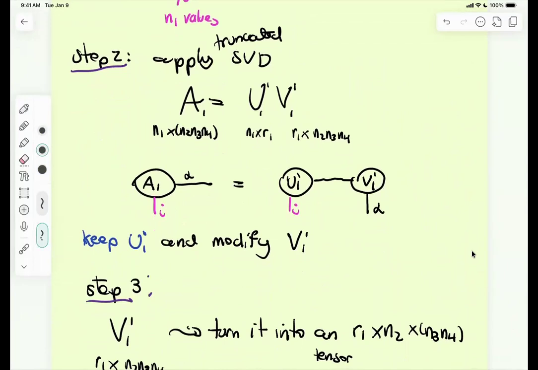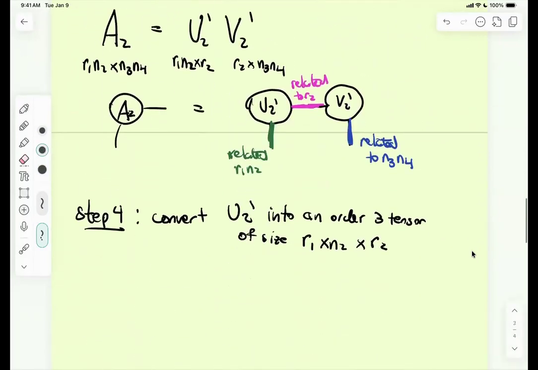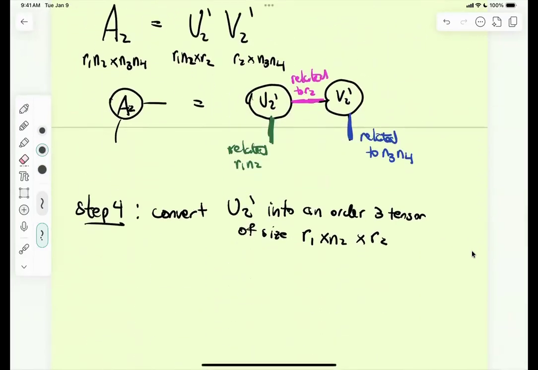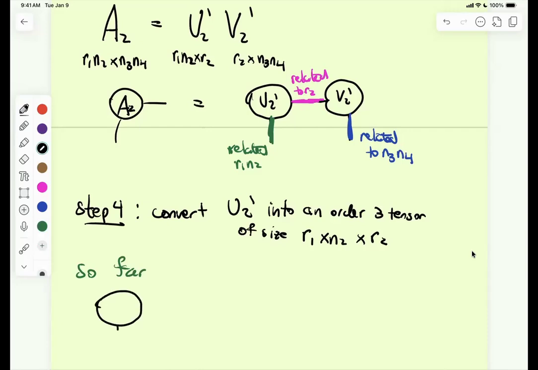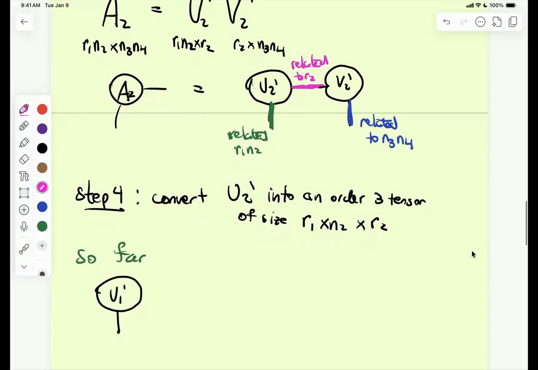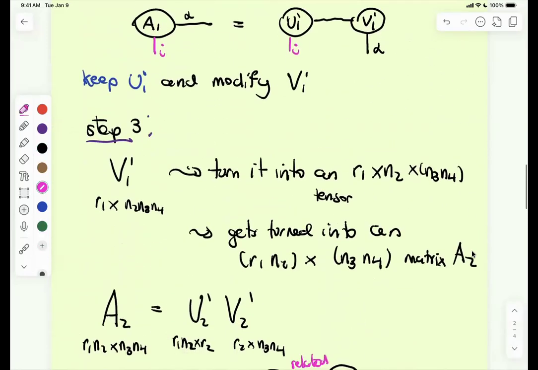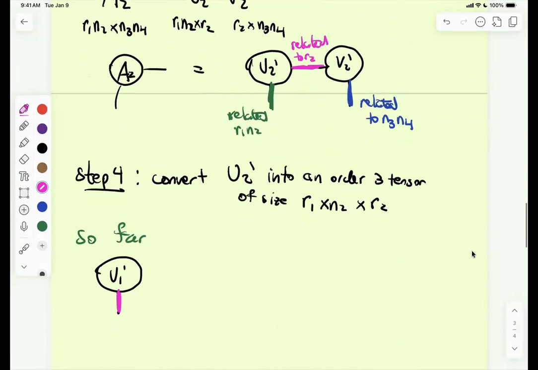Okay, so what do I have so far? Let's start putting all of it together. So far, I had this matrix U1 prime. One of this index, just to use the same colors, was I, right?